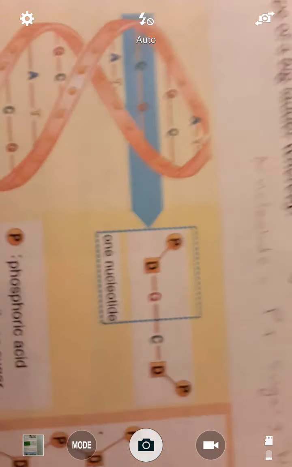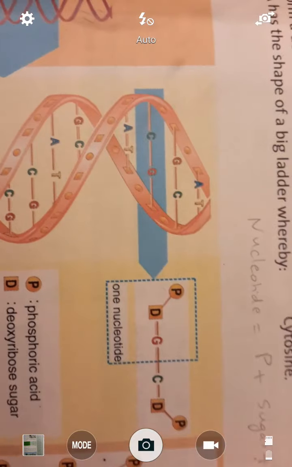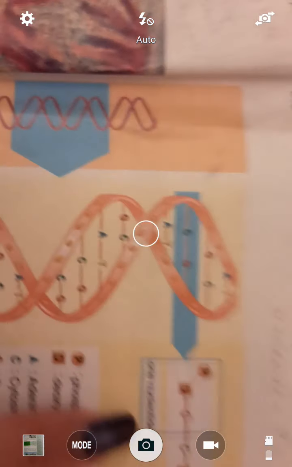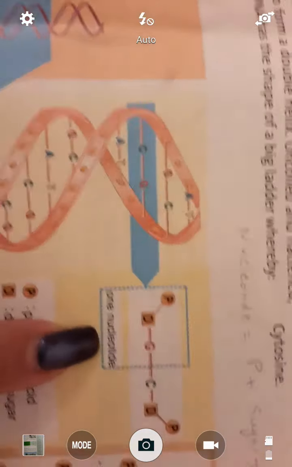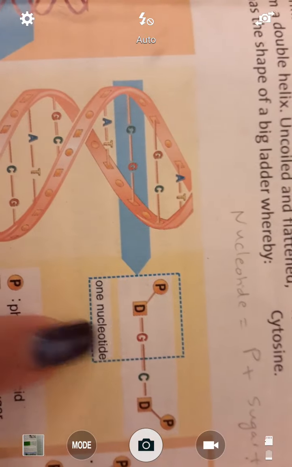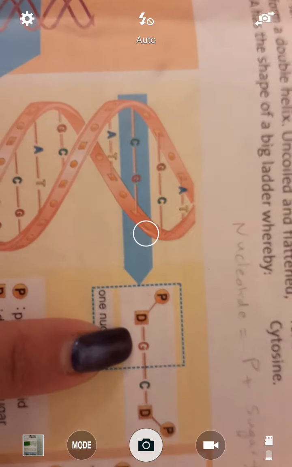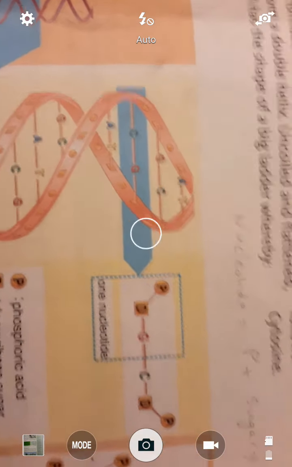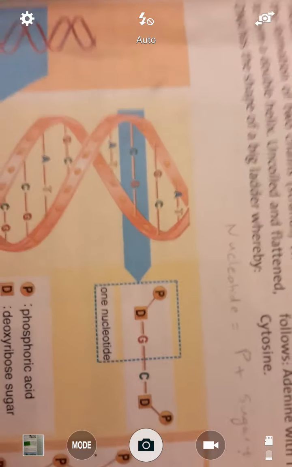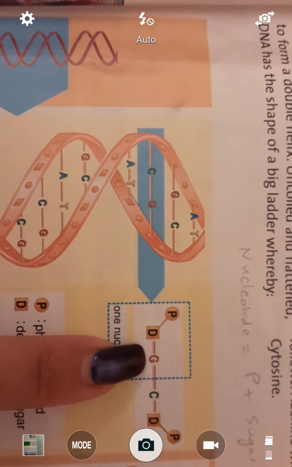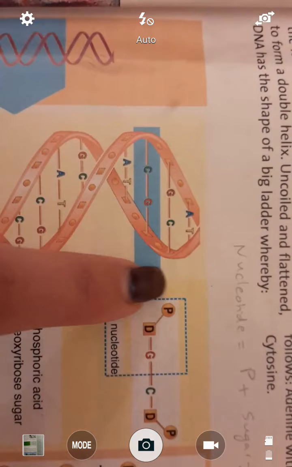Each nucleotide, look here, okay. This is one nucleotide. This nucleotide is formed of what? G, that is guanine, the nitrogenous base guanine, deoxyribose sugar, and phosphoric acid.